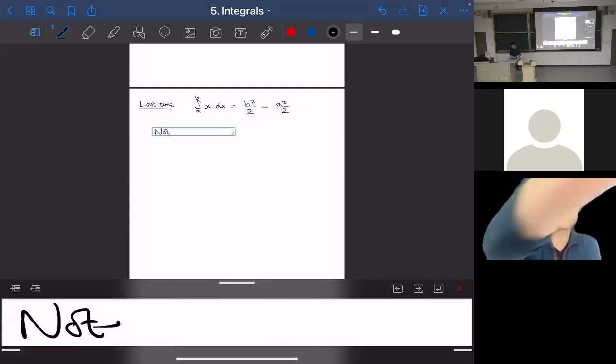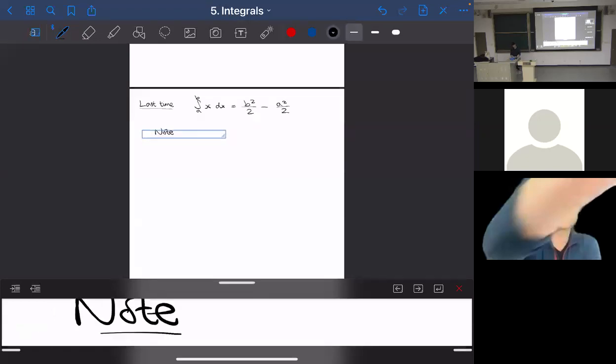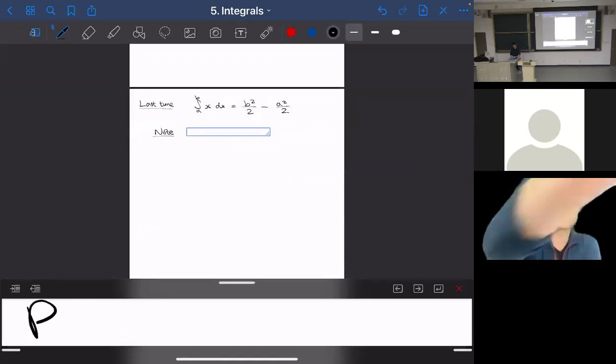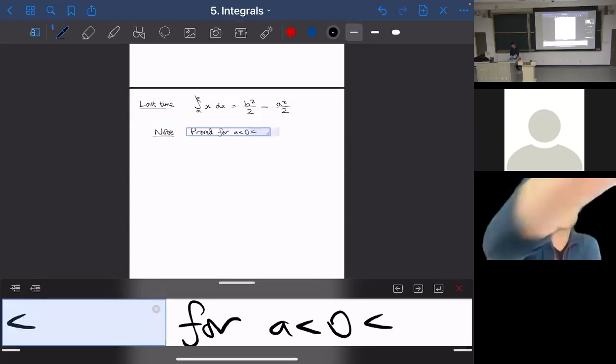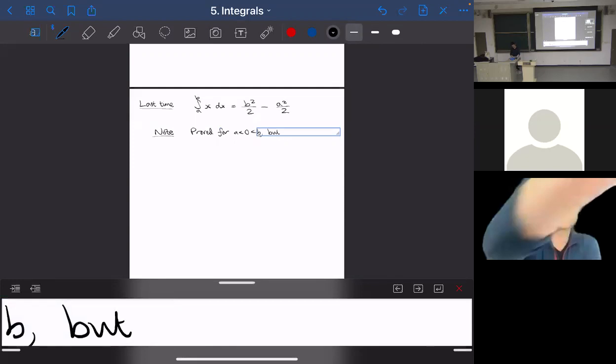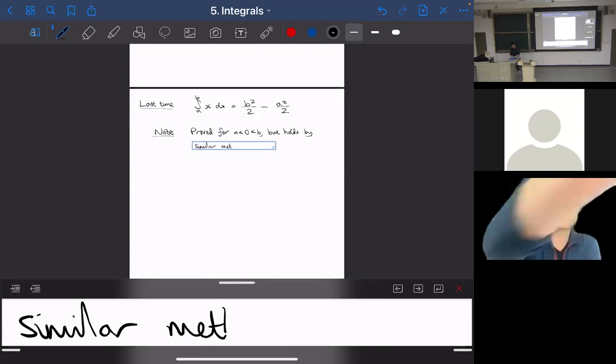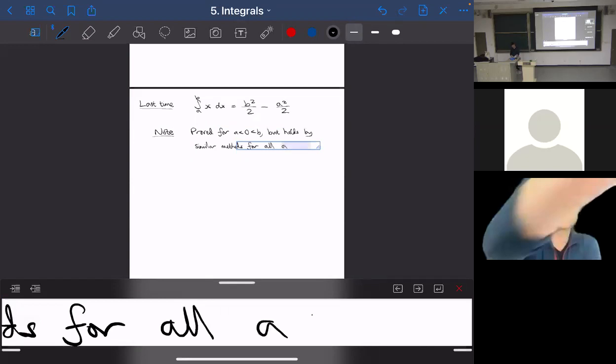So note, we proved it for a less than 0 less than b, but it holds by similar methods for all a less than b.